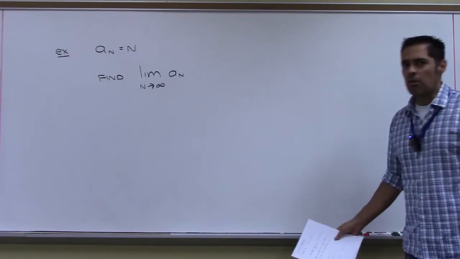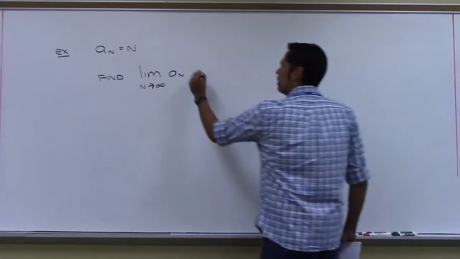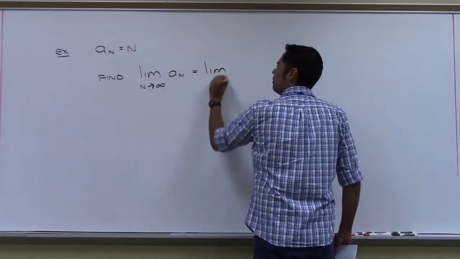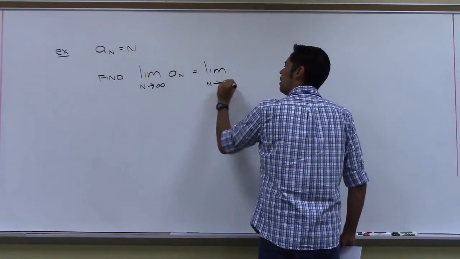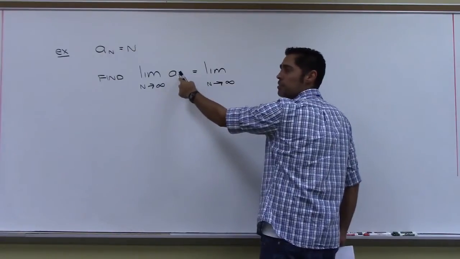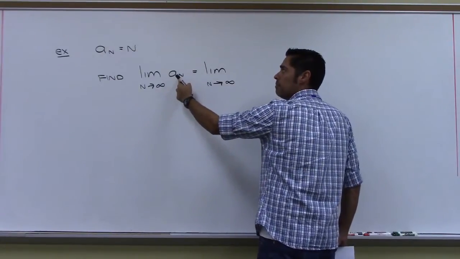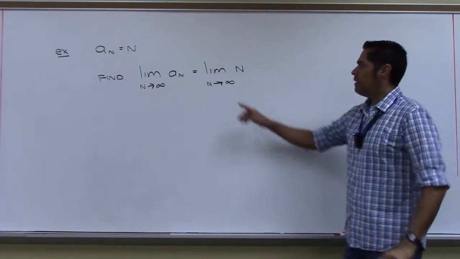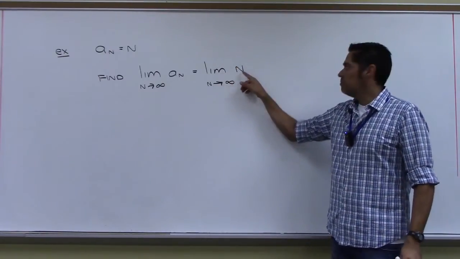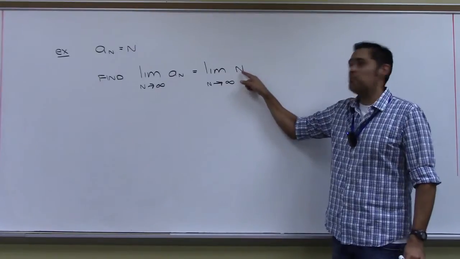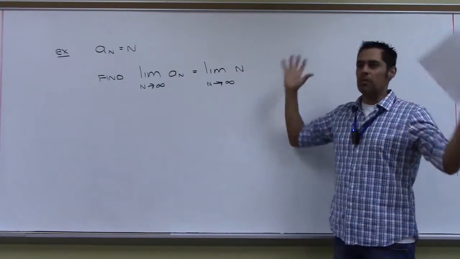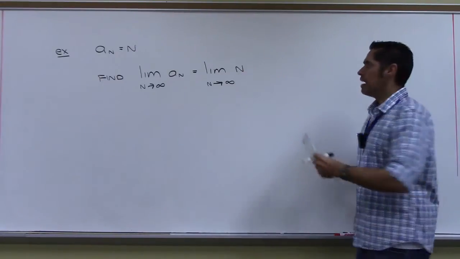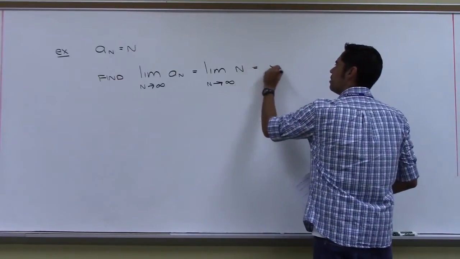Let's not make this more complicated than it has to be. This is the limit as n goes to infinity of the sequence. And the sequence in this problem is defined to be what? n, right? So what happens if I let n go to infinity of n? That gets really, really big, right? This limit actually goes to infinity.